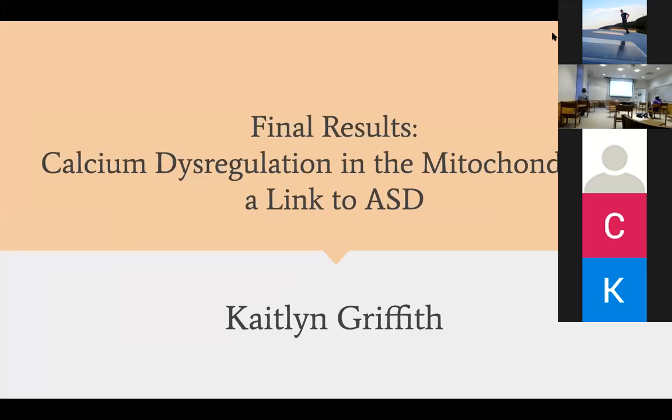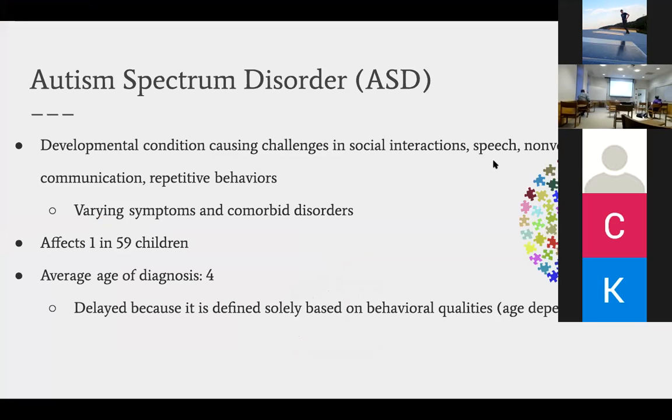Okay. So hi, everyone. I'll be presenting my final results, and my presentation is again about calcium dysregulation in the mitochondria as a link to autism spectrum disorder. So just a background on why I started this project.